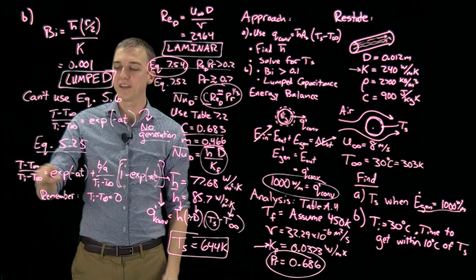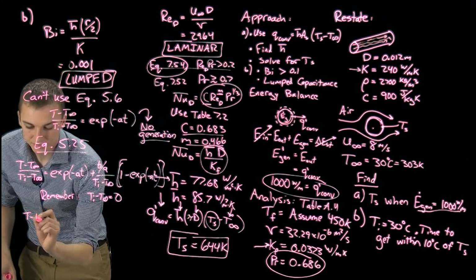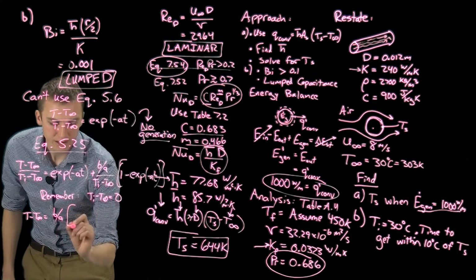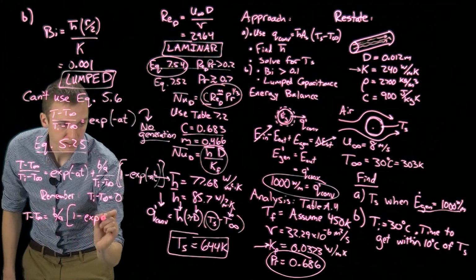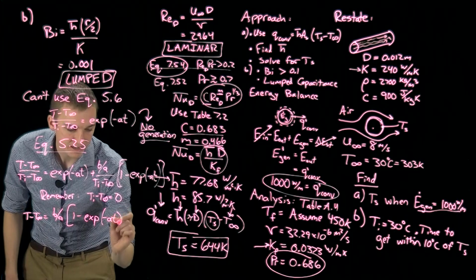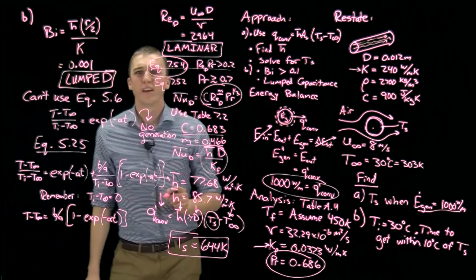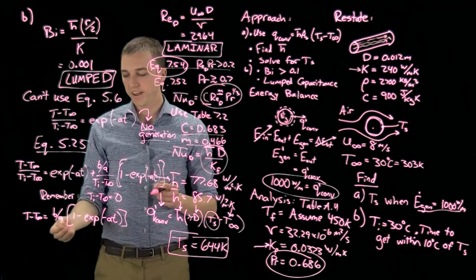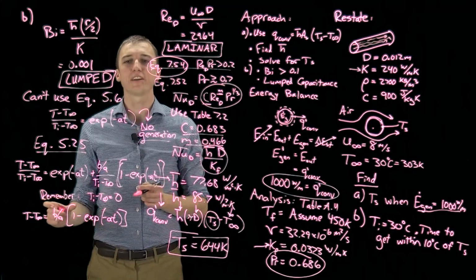We'll be left with T minus T infinity is equal to b over a times 1 minus the exponent of minus a t.